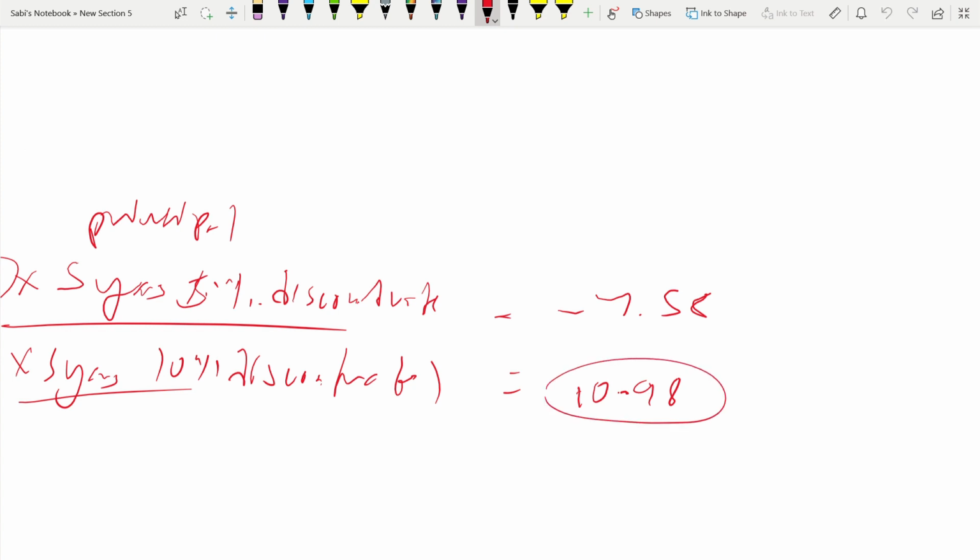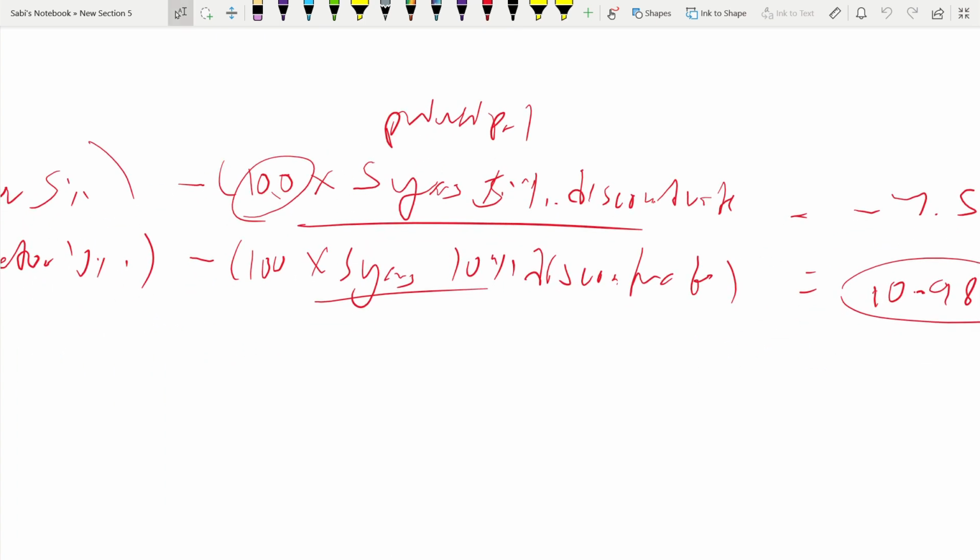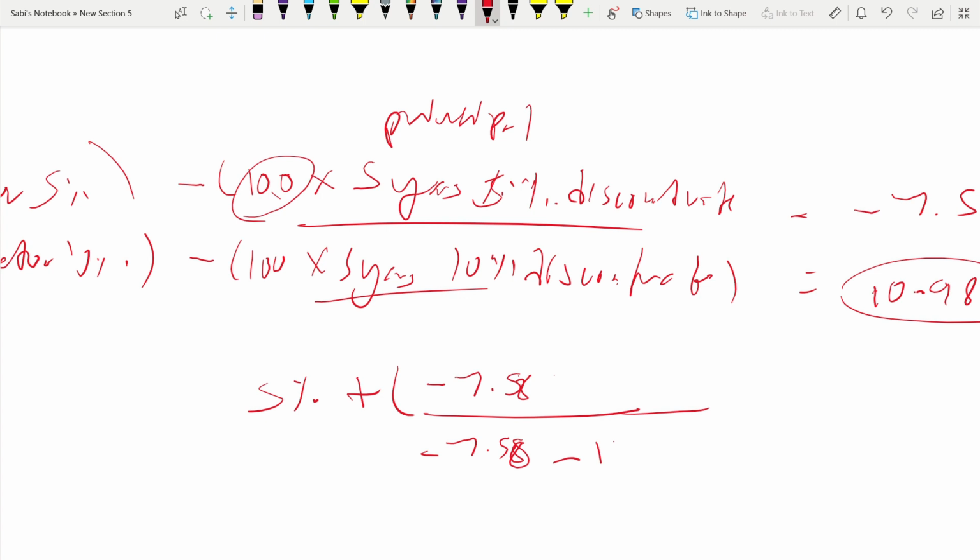Okay. So now use IRR. What is IRR? Low interest rate, that is 5%, plus the present value at the lower interest rate, which is negative, over the low interest rate present value, that is minus 7.58 minus 10.98, the higher one, into 10% minus 5%, the difference between the two interest rates.